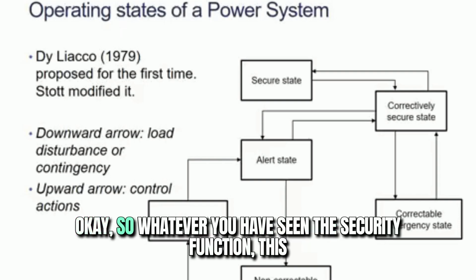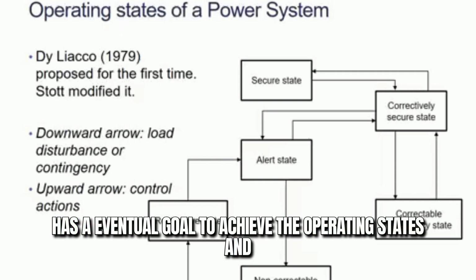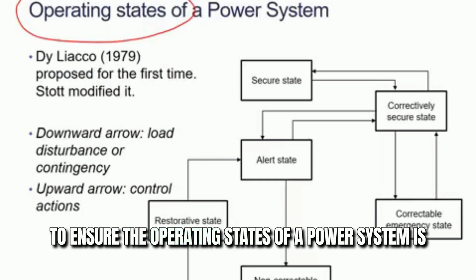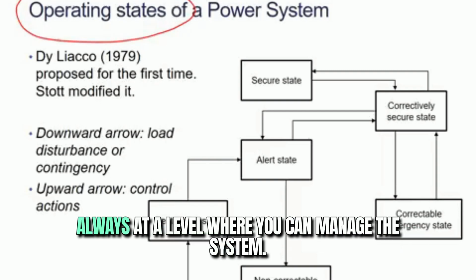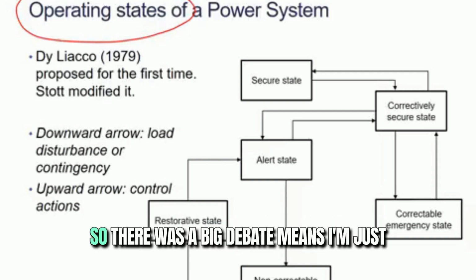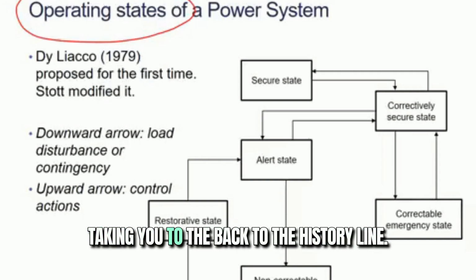Okay, so whatever you have seen, this security function has an eventual goal: to ensure that the operating state of a power system is always at a level where you can manage the system. There was a big debate. I'm just taking you back in history.